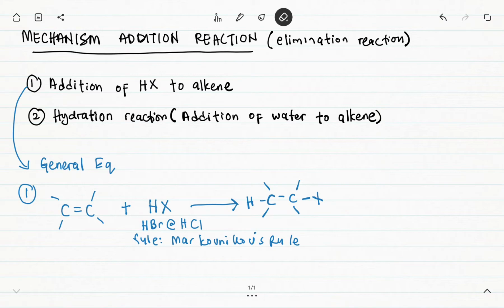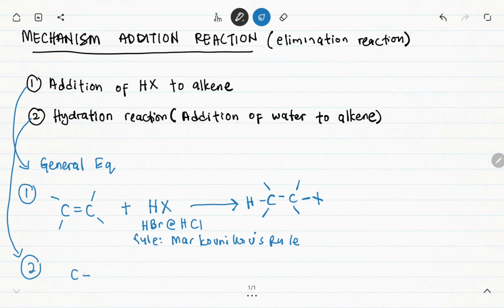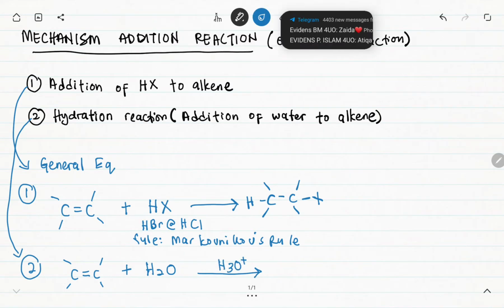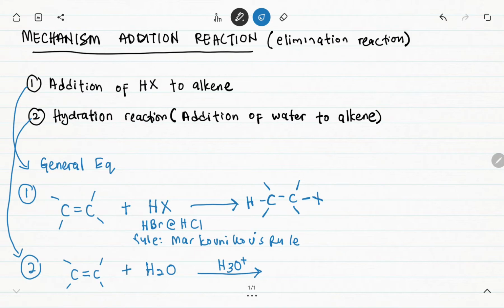So next, the second reaction, which is the hydration reaction. The general equation involves our carbon-carbon double bond reacted with the water molecule in the presence of a catalyst. This catalyst is acidic, and this specific acid we discuss later.